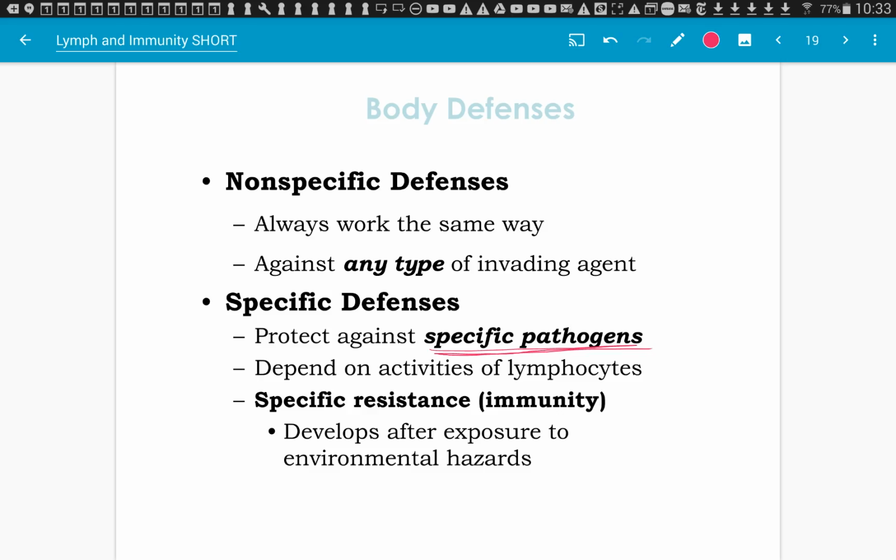But instead of chickenpox, let's say you got the flu and you didn't get the flu shot. Well, then you're going to get sick because remember, the antibodies are specific to a particular disease. You only develop specific defense after you've been in contact with a disease or you've gotten a vaccination that causes your body to make those immunoglobulins.